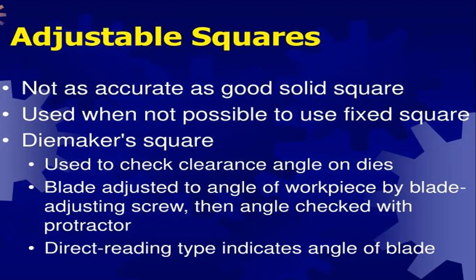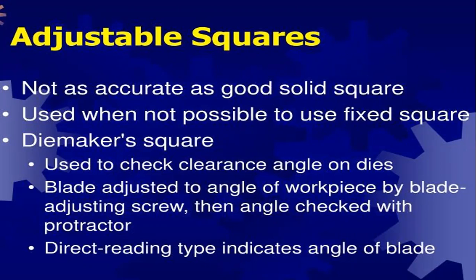Then the angle is checked with the protractor. So it has a protractor on it, one of the bevel protractor type. The bevel protractor has a base blade and an adjustable protractor on it. So that is the acute angle protractor.